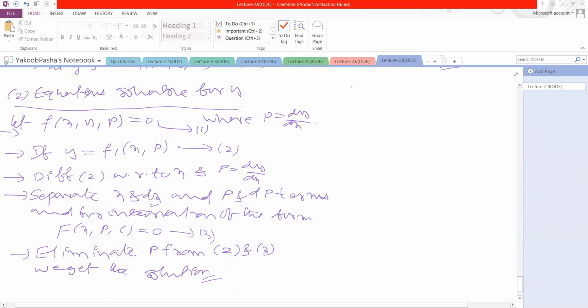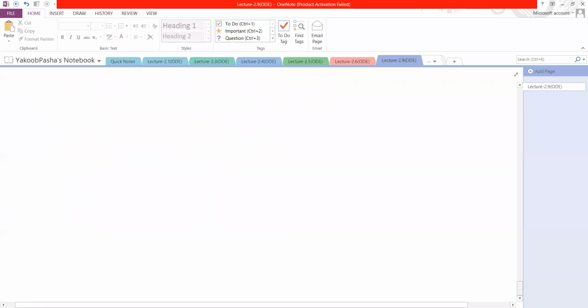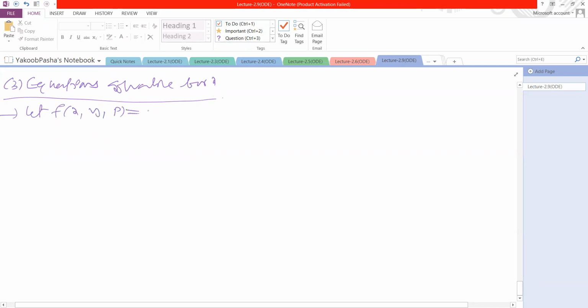This is the procedure to solve the equations which are solvable for y. I am taking another type of equations, that means equations solvable for x. Okay, here the equation is the same: f of x comma y comma p is equal to 0, where p is equal to dy by dx.